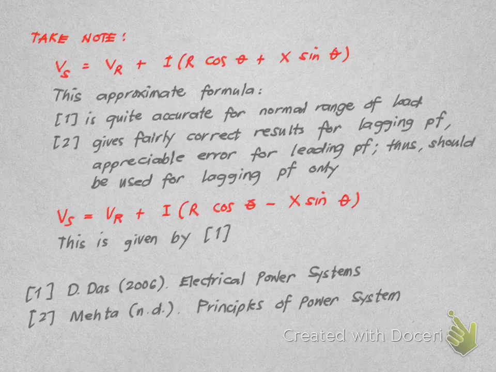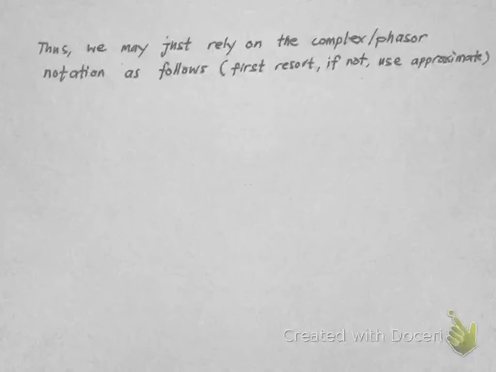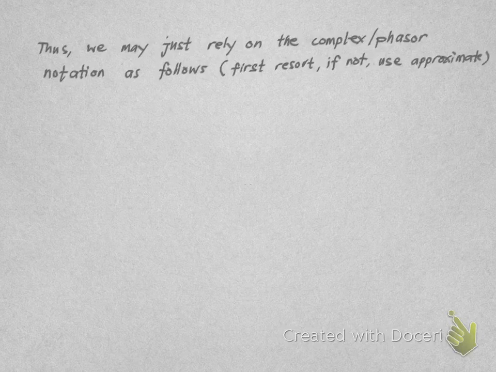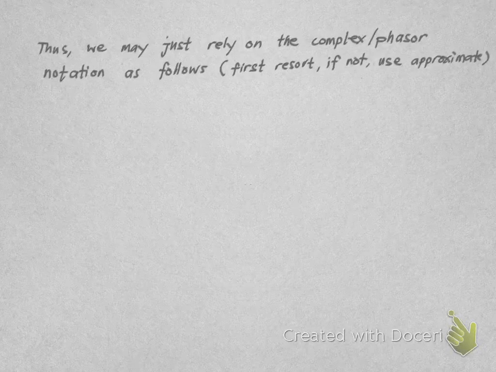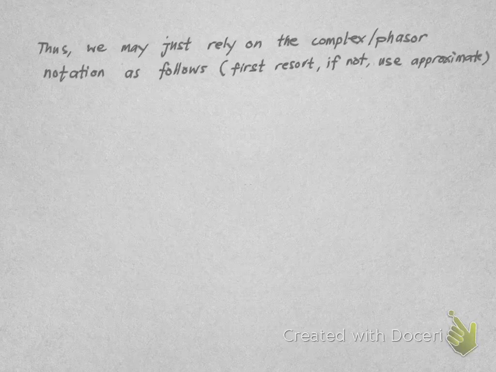Now, what should we do? What should we use? We may just rely on the complex or phasor notation because more or less that is more accurate. That's our first resort. But if it will make our solution or calculations more complex, then we can just make use of the approximate.